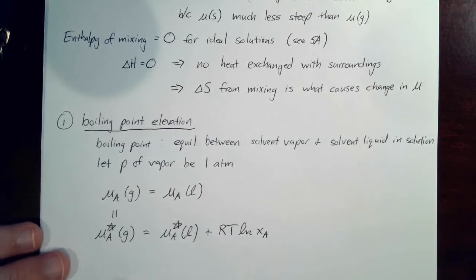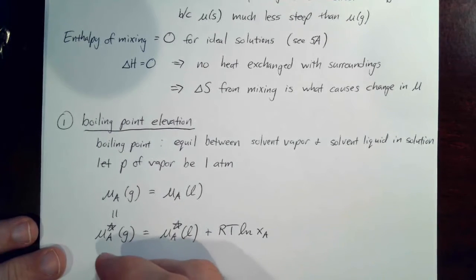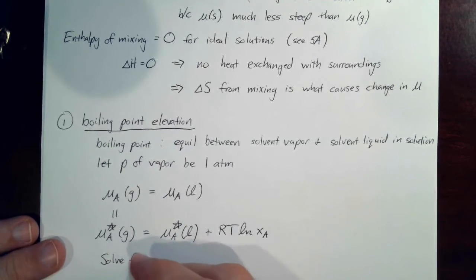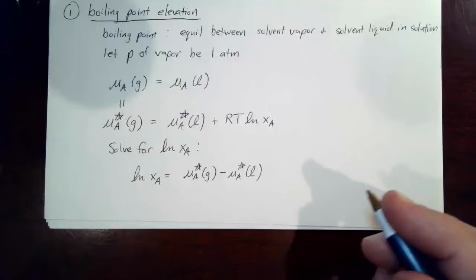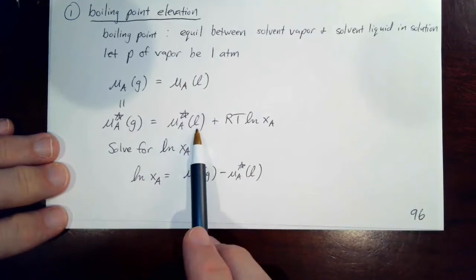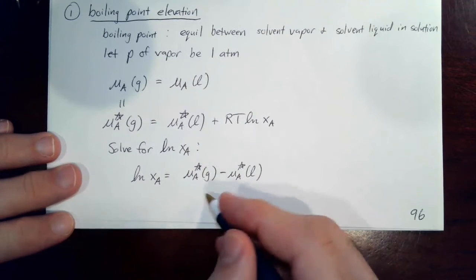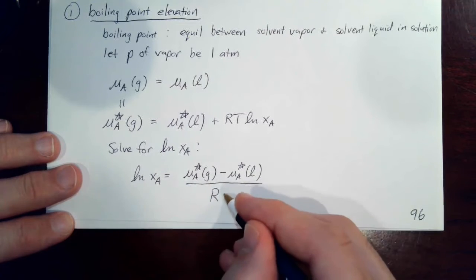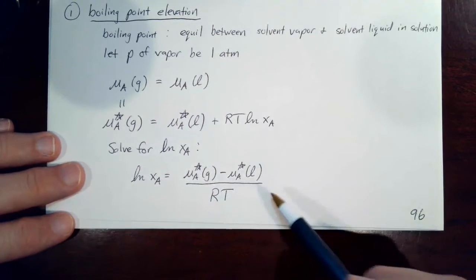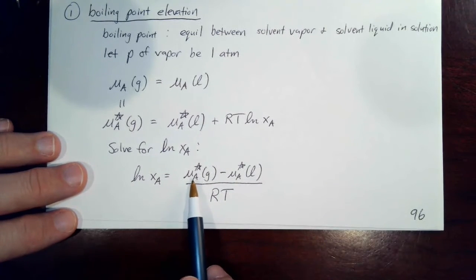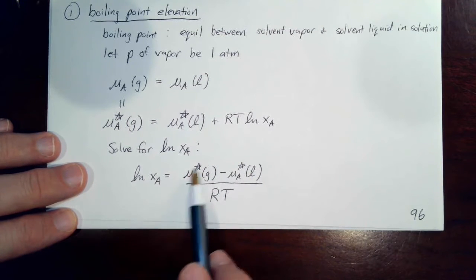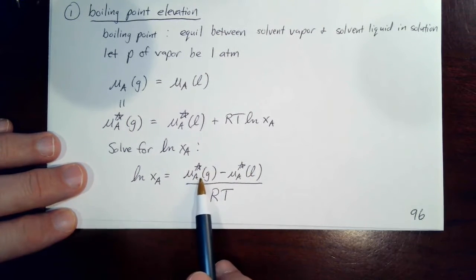Now what I'm going to do is solve this equation for ln XA. Okay, so first I subtract this over. So I have mu of the gas minus mu of the liquid, and then I need to divide by RT. And if we look at this numerator, remember that these are both pure, and mu for a pure substance is equal to the molar Gibbs energy.